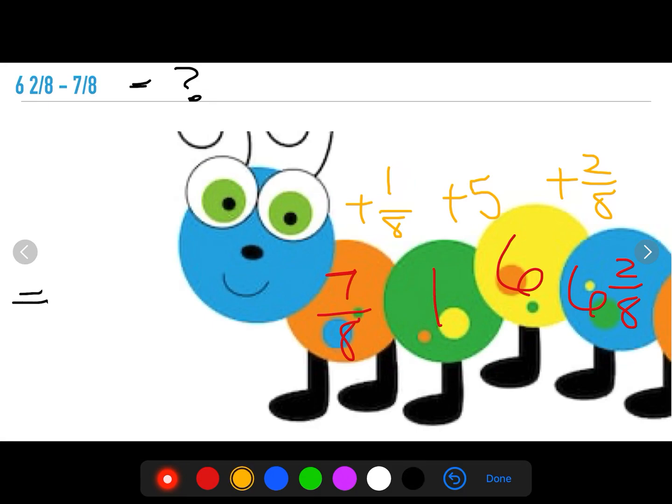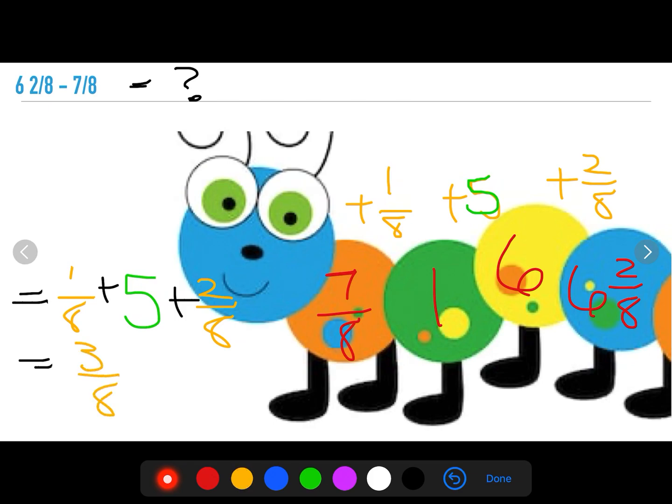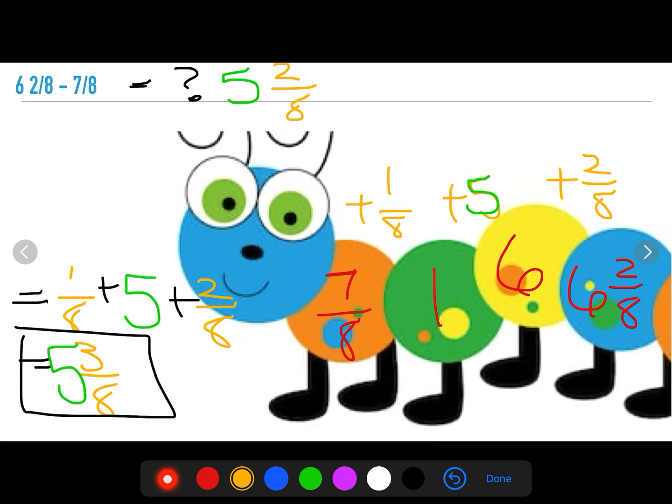Let's go ahead and add them together. Combining like terms and bringing down your whole number. So 6 2/8 minus 7/8 equals 5 2/8.